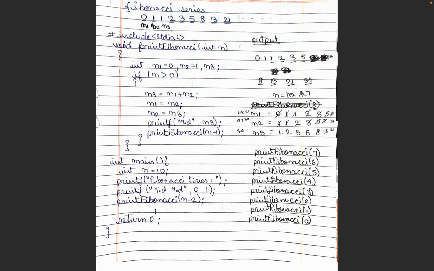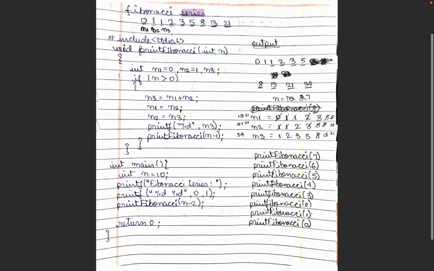See, the first numbers 0 and 1 we have taken as n1 and n2. Now here we are calculating the third number, n3. n3 will be n1 plus n2, so the n3 number is stored.